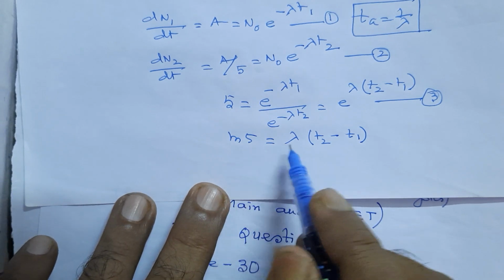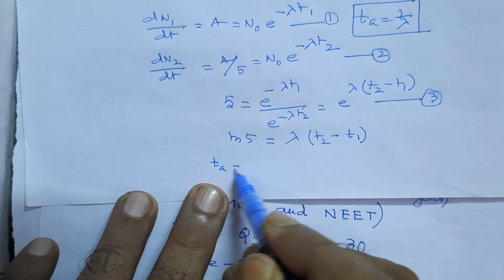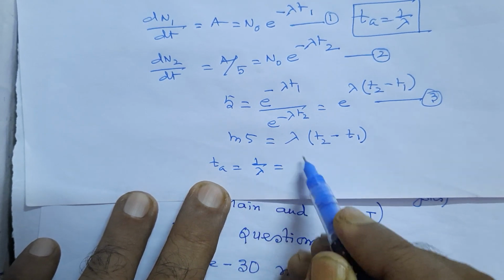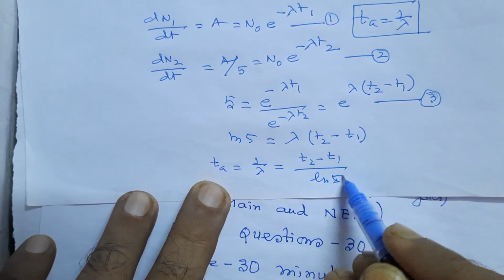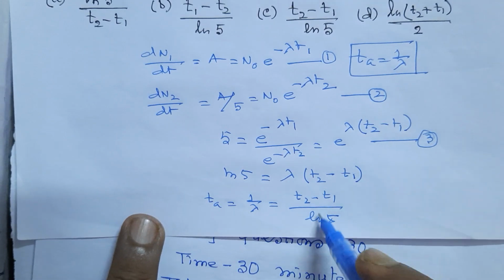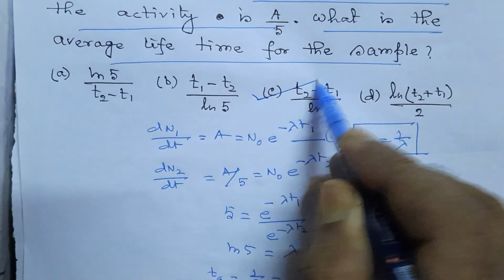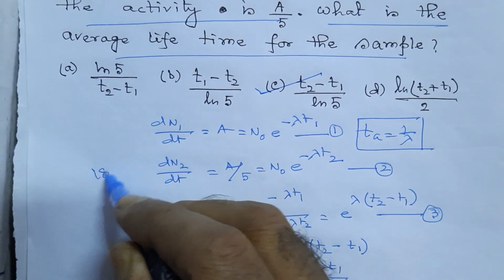So TA equals 1 by lambda equals (T2 minus T1) by ln 5. So the correct choice is (T2 minus T1) by ln 5, that is C. The correct answer of question number 18 is C.